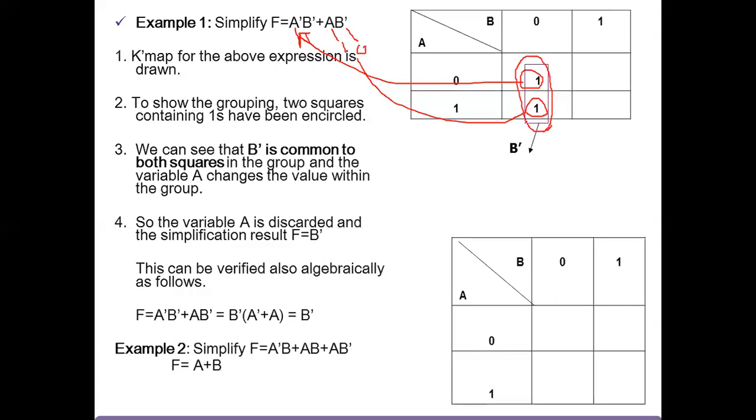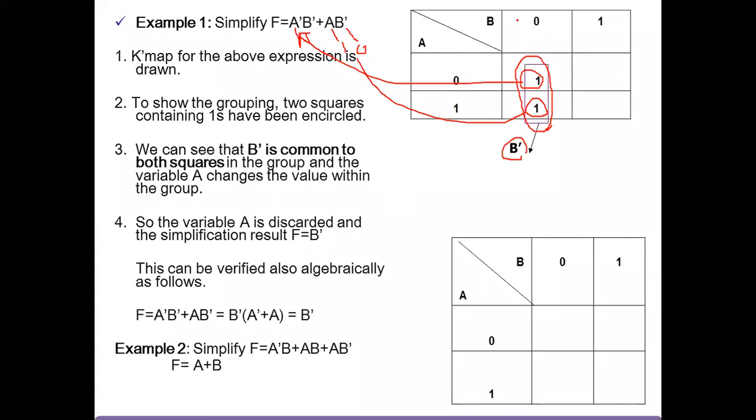So these groups are the terms of your final simplified expression. Our main target is to write a simplified expression now. So what are the terms we have got from the K-map? They are indicated by the groups. How can I write the simplified form? You have to look at which variable does not change its value. In this group, the variable B does not change, however A changes.